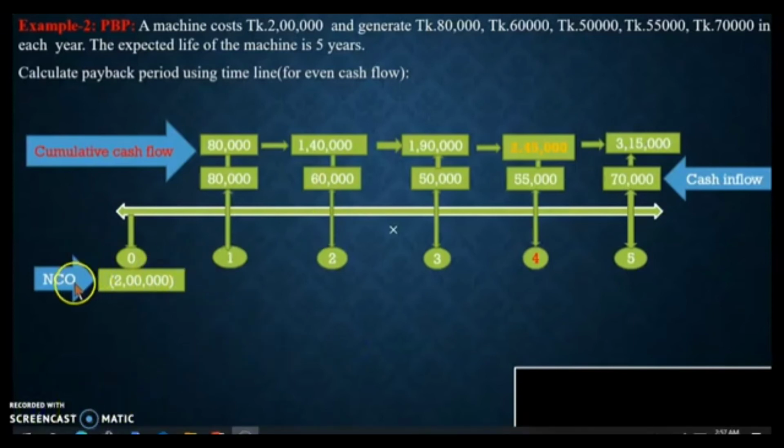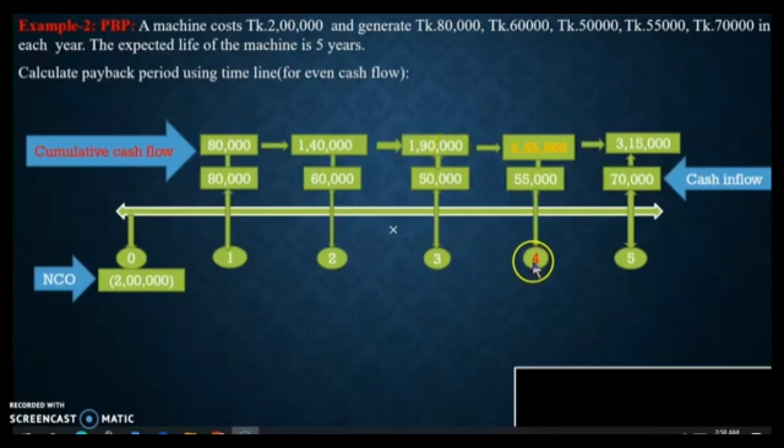In this problem, our cash outflow or initial investment is taka 2 lakhs, but the cumulative cash inflow does not equal 2 lakhs in any one year. In year 3 it is taka 1,90,000, but in year 4 it is taka 2,45,000.